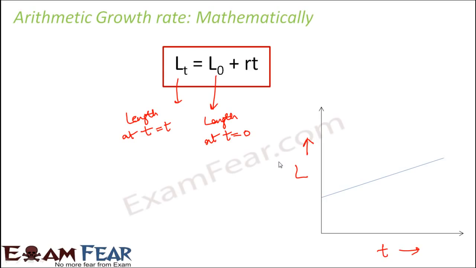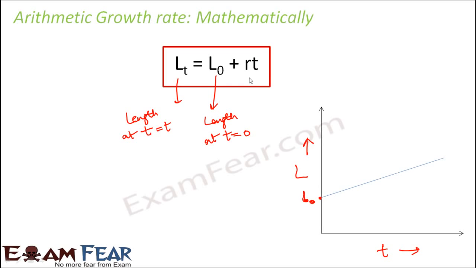As I said, growth can be determined by a number of parameters. One of them is length, one of them is the number of cells. Here L has been taken as a standard convention. This value represents L naught, the value of length at time t is equal to 0. Plus R into t.